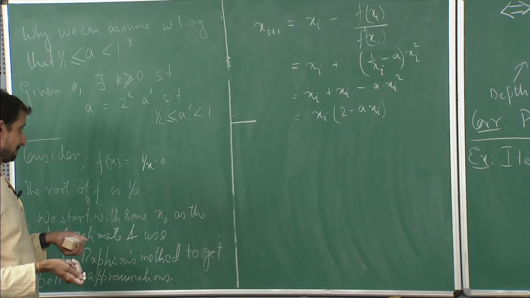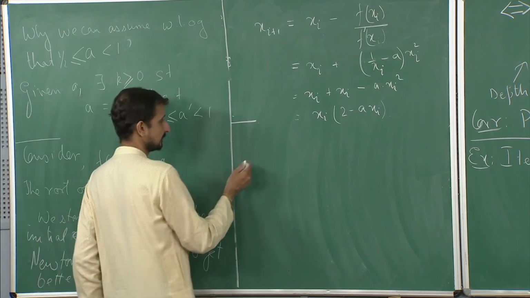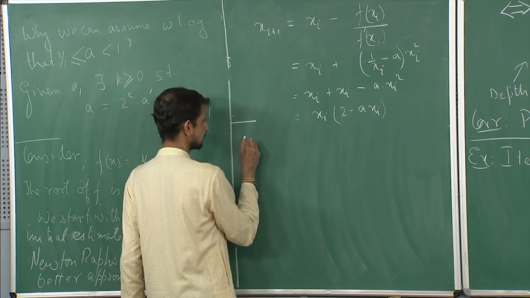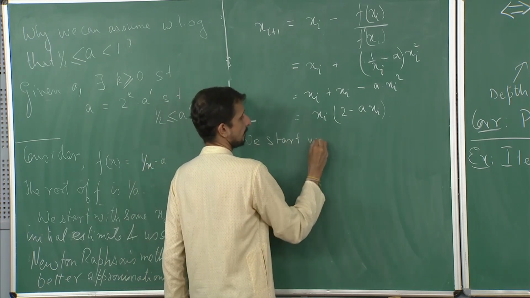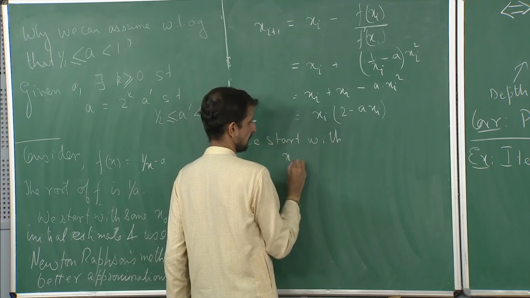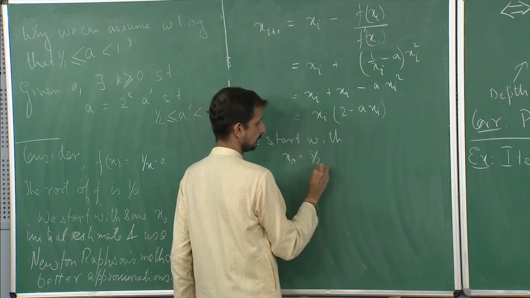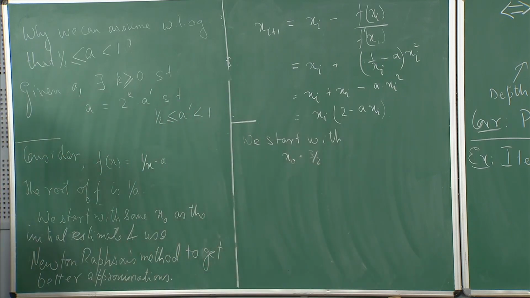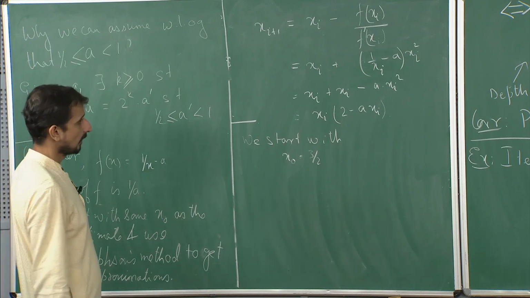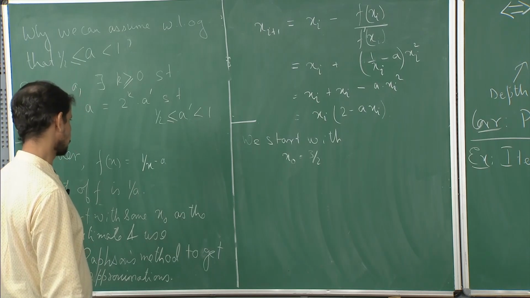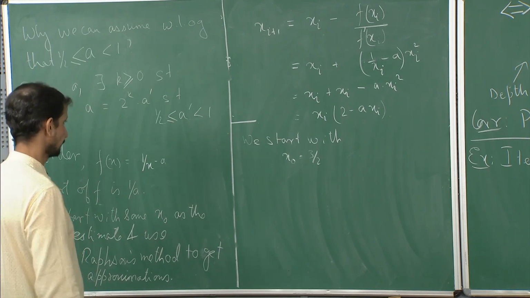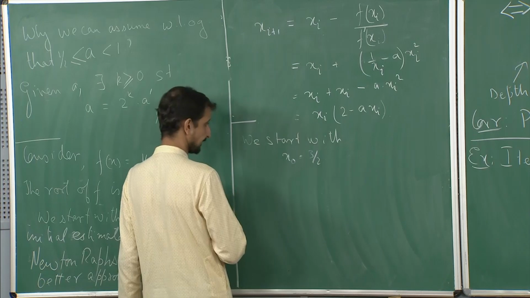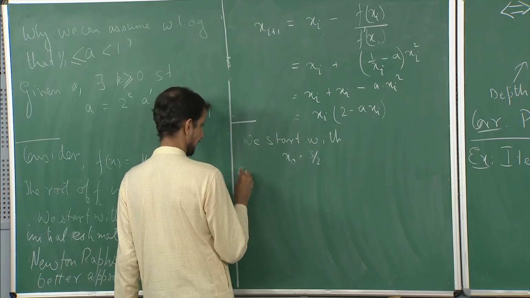So first of all, what is the initial value? We start with x0 equal to 3 over 2. Now let's calculate the error term.